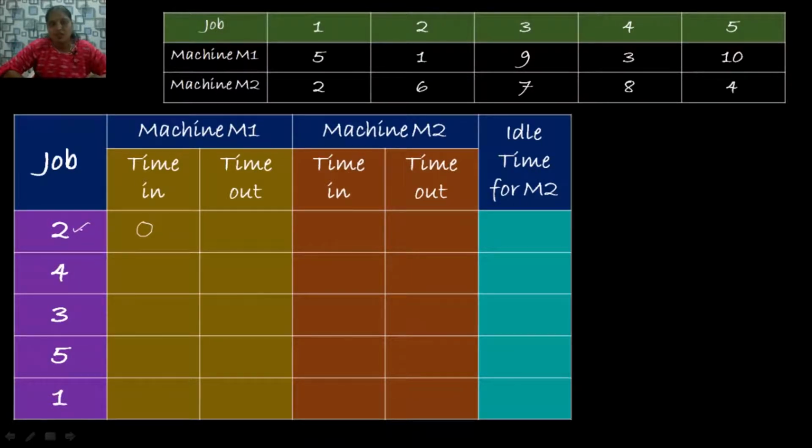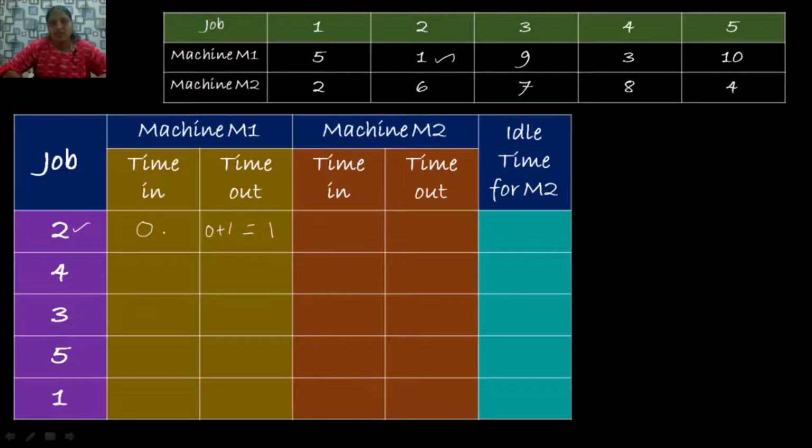So job 2 enters machine M1 at time 0 and needs 1 hour of processing time on M1. So 0 plus 1 is equal to 1.